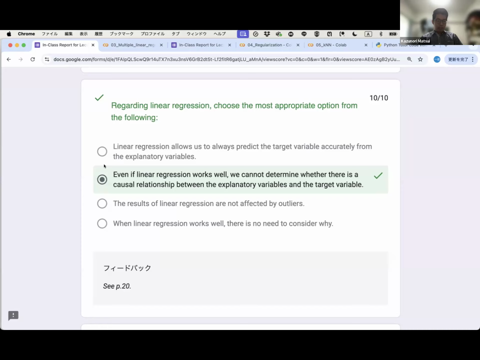The answer is no. Regression can be applied even to completely scattered data. In such cases, we cannot necessarily predict the objective variable accurately from the explanatory variables.